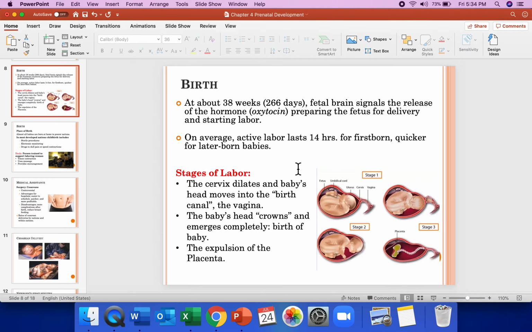At about 38 weeks or 266 days is what we call a full-term pregnancy from, of course, the day of conception.